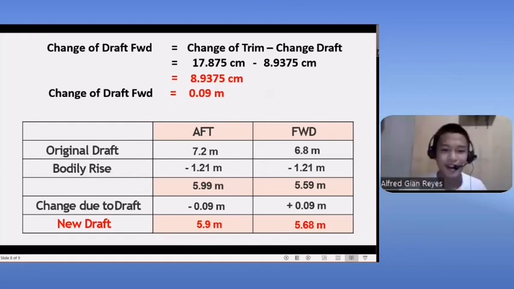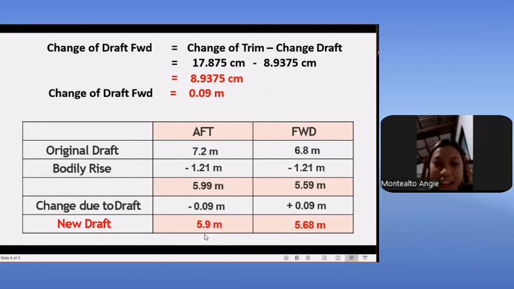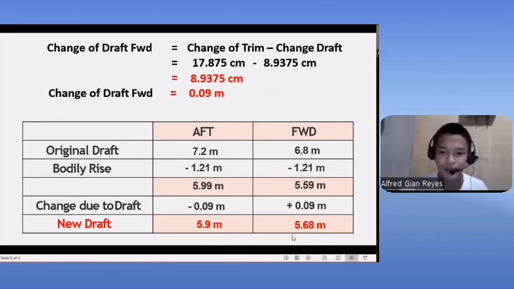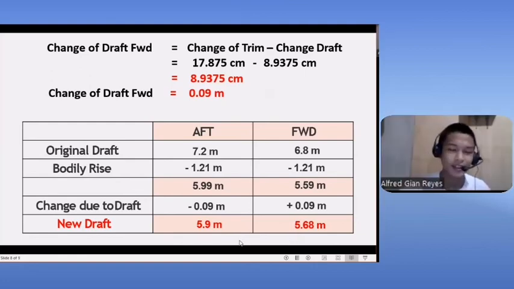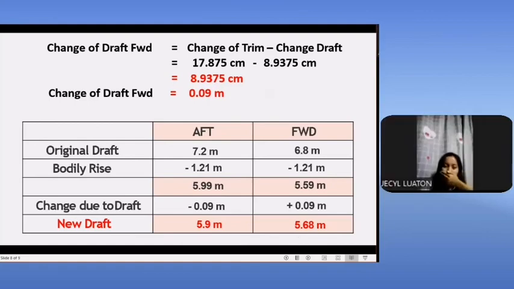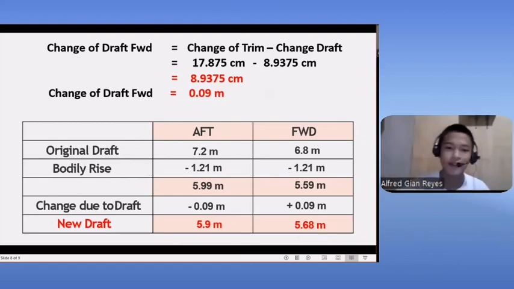So now we have our final solutions, our final drafts. For the aft, 5.9 meters, and forward is 5.68 meters. By illustrating the givens and by making a table for the different moments, we can now have this final draft, and we can say that we have calculated the simultaneous loading and discharging of weight.